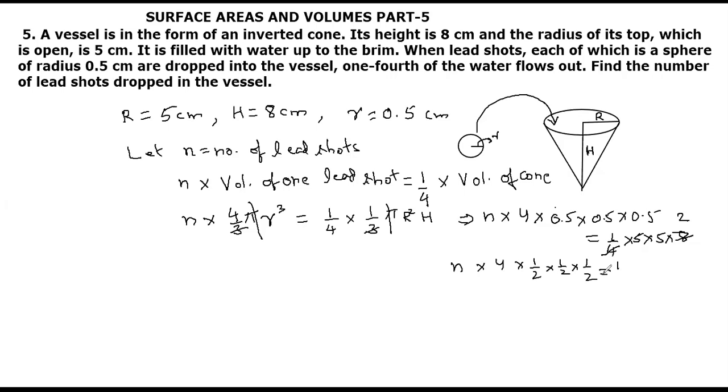So 5 fives are 25 into 2, and this 2 twos are 4, and this will cancel with 4, and n will be equal to 25 twos are 50, and this denominator 2 will come inside, 50 twos are 100.